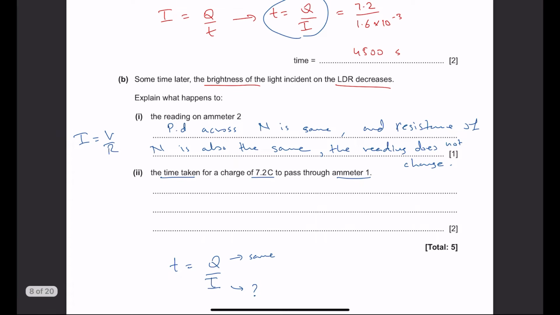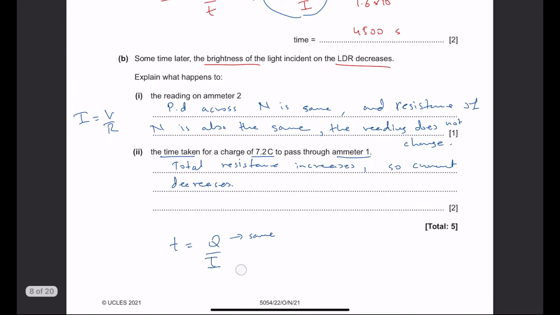So we're going to say total resistance increases, so current decreases. Now, if current is decreasing, you can clearly see that time is inversely proportional to current in this relationship. So time will increase.